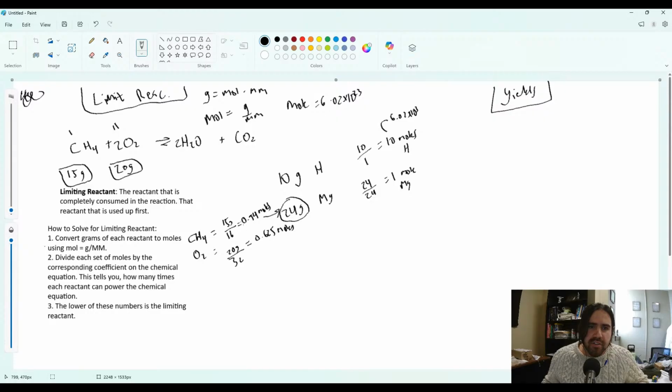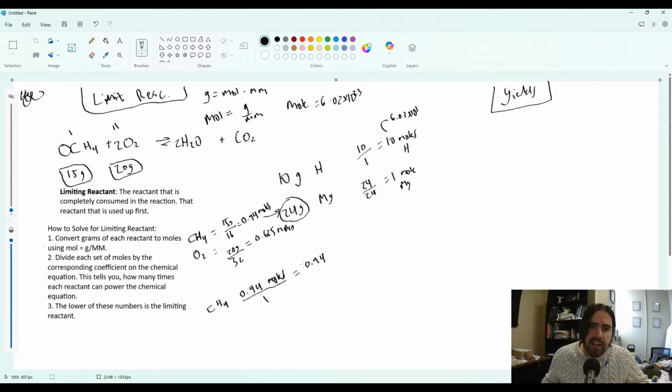Okay. So that means for CH4, we take the 0.94 moles and we divide it by the coefficient of methane. Since there's no coefficient here, the coefficient here is 1. So our number there is 0.94.